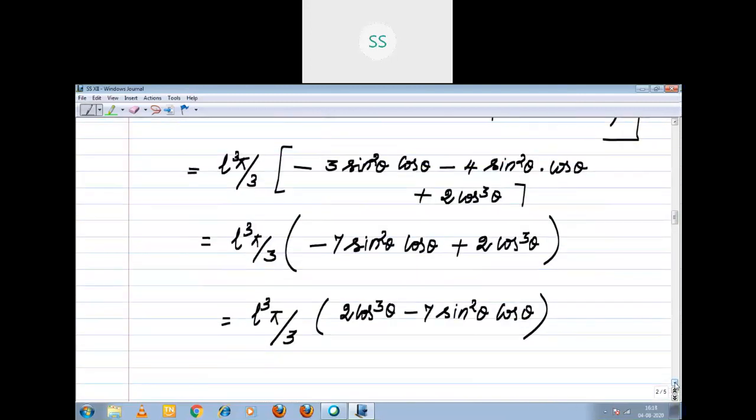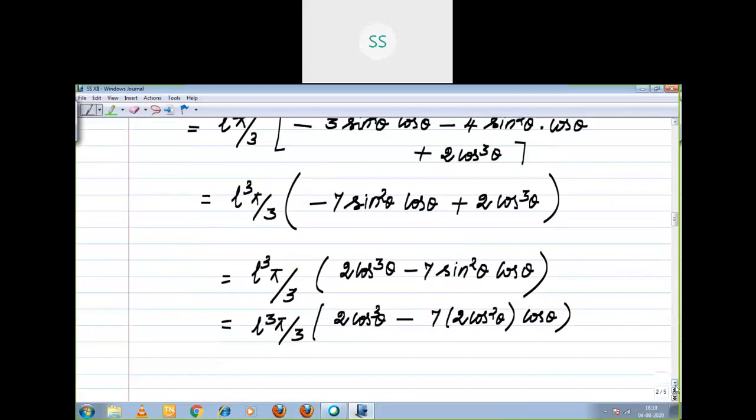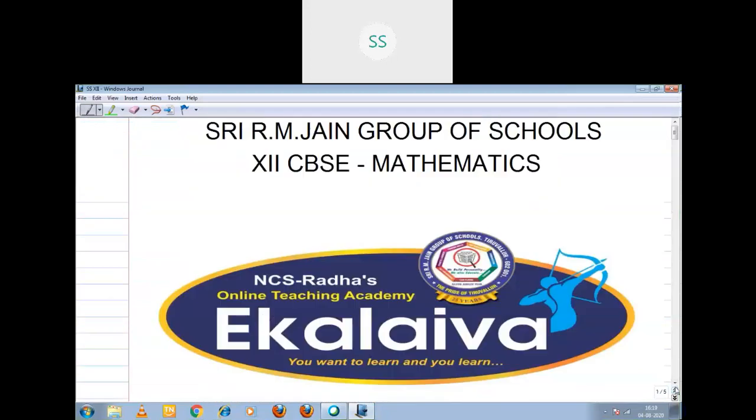That I am going to write here: L cube pi divided by 3 into 2 cos cube theta minus 7 into 2 cos square theta into cos theta, which is equal to 14 cos cube theta you will get.